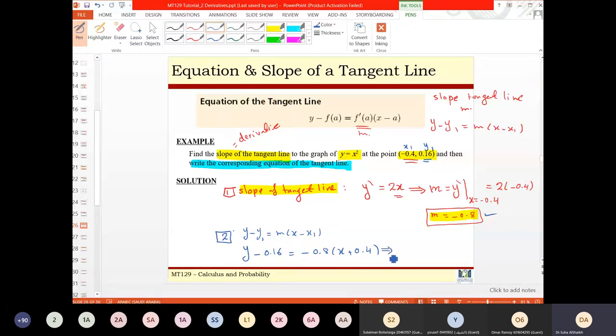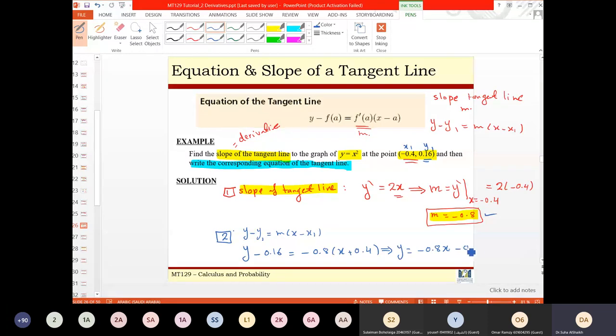So this implies, now rearrange it. خلي الواي بطرف وكل شيء في طرف ثاني. إن الواي will equal to minus 0.8 في x. 0.8 في 0.4 is how much? How much is 0.8 في 0.4? 0.32? Yeah.